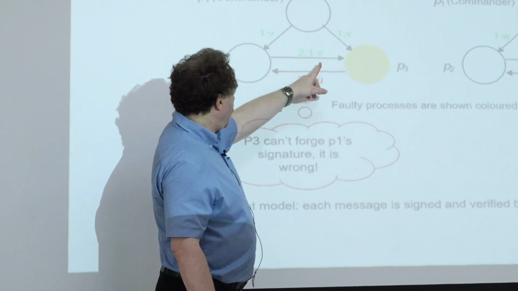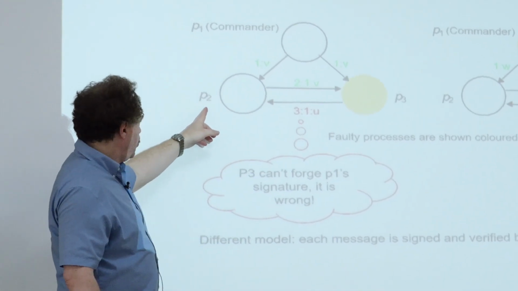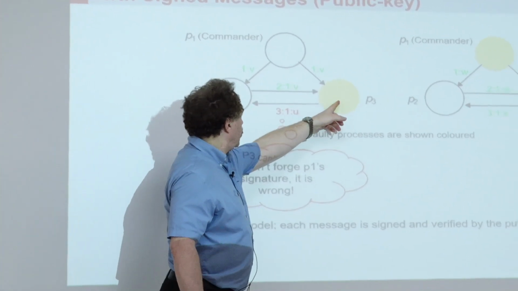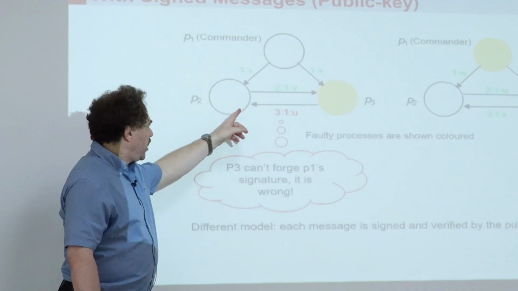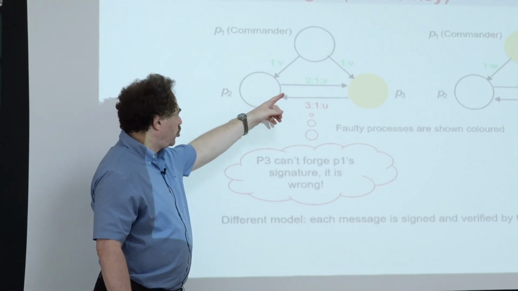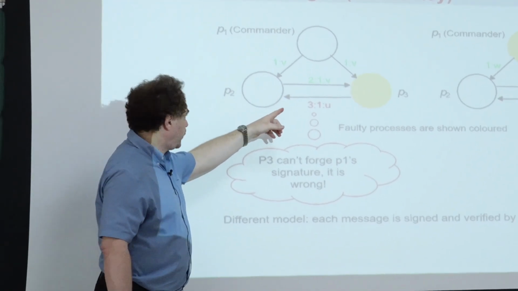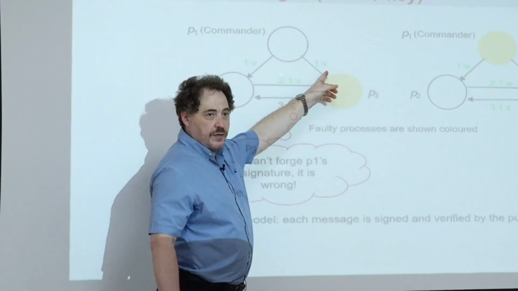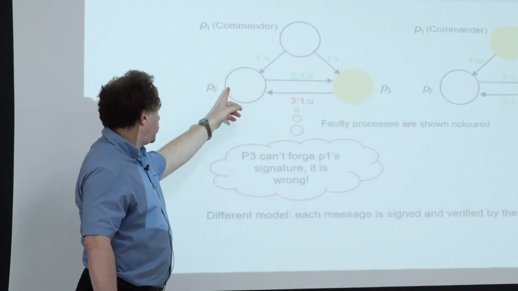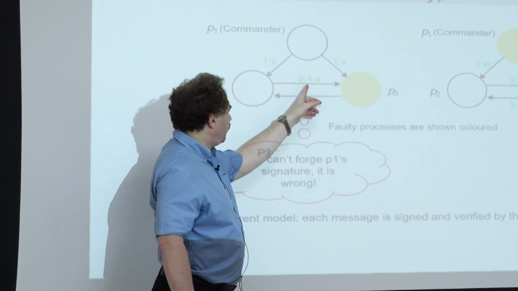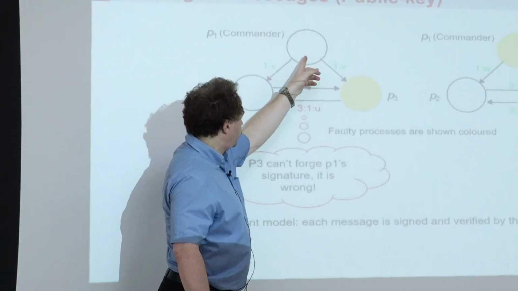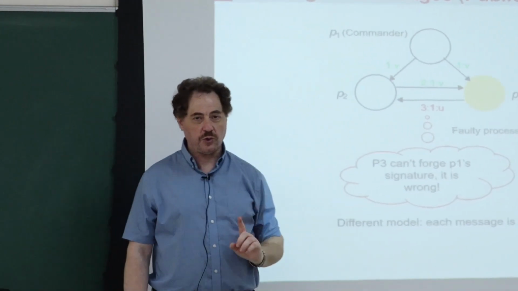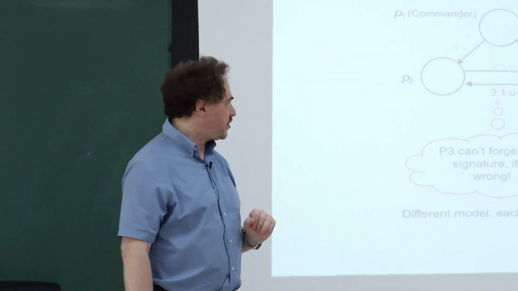So when reporting to P2 about what it heard from the commander, it would not be able to change the value, because the value of 1V was signed. And when forwarding the message to P2, it would also need to forward the signature from the commander, and it's not able to forge the signature and tamper with the message.